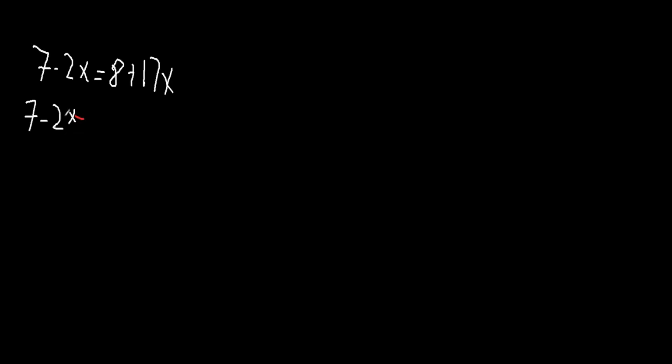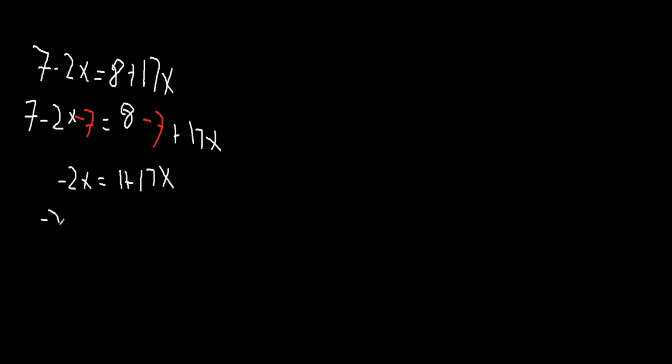So that's 7 minus 2x minus 7, and that equals 8 minus 7 plus 17x. So that gives us negative 2x, which equals 1 plus 17x. And now we can move our 17x to our left side.